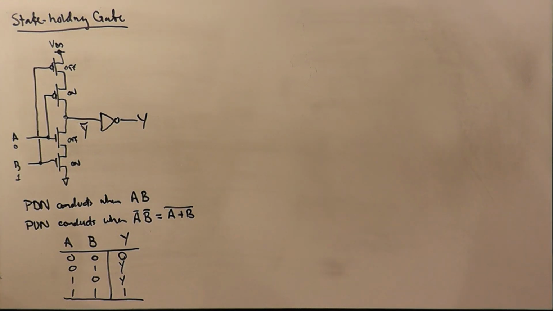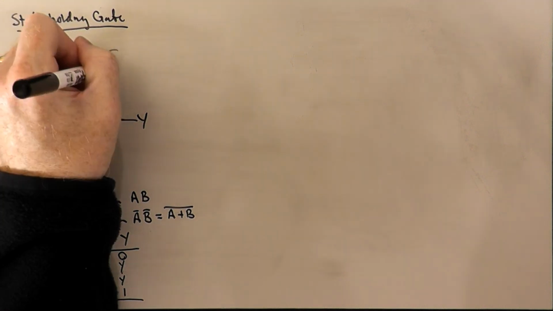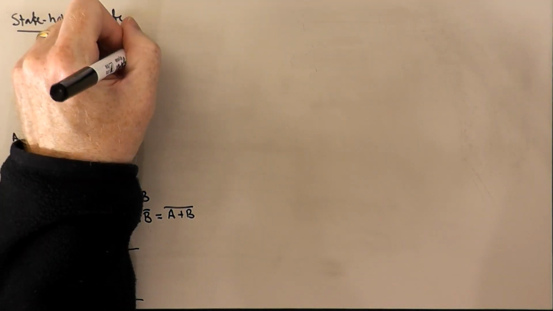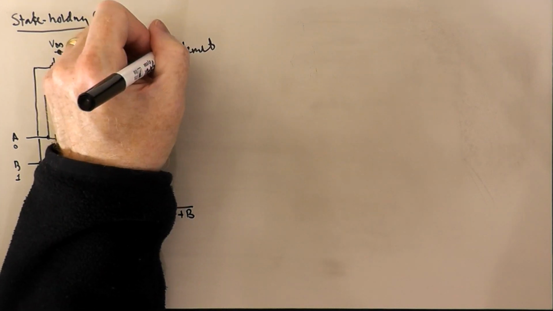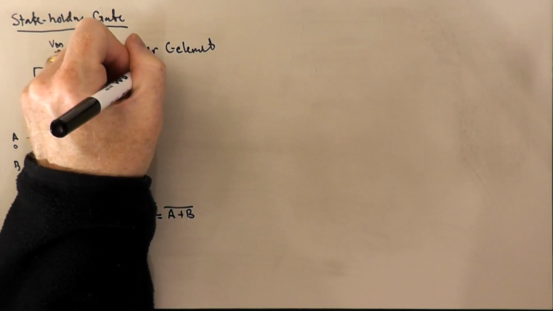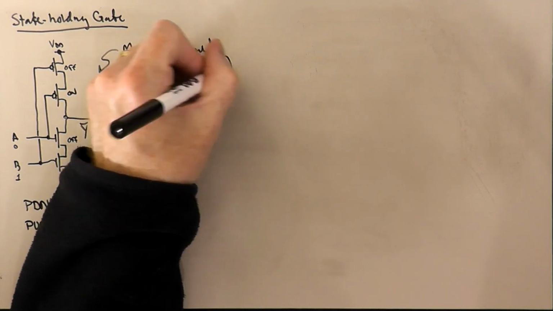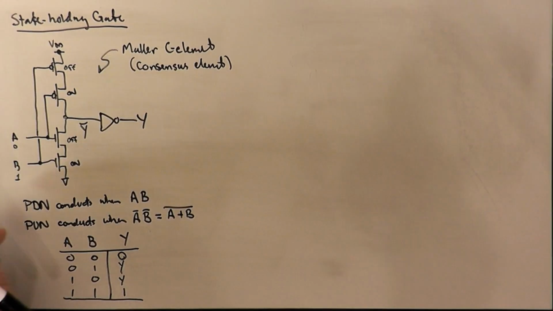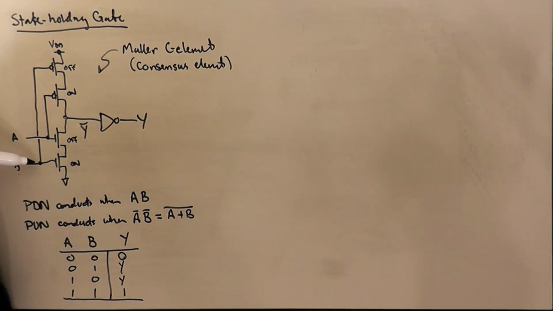And this type of gate is actually called a Muller C element, sometimes called a consensus element. And its basic use is that the output only transitions in a given direction when all of the inputs have made a transition in that direction.